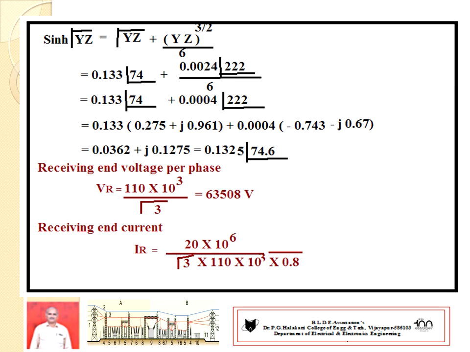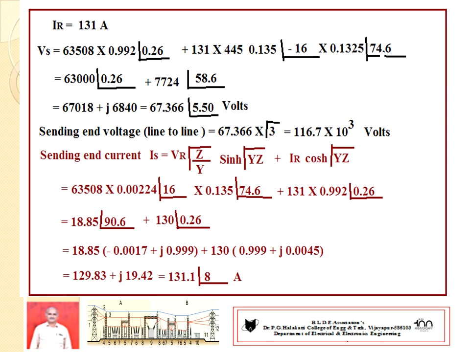Go for calculation of receiving end current. So IR equals 20 into 10 to the power of 6 divided by root 3 into 110 kilovolts into 0.8. After calculating IR, you know the sinh series, cosh series and ABCD.